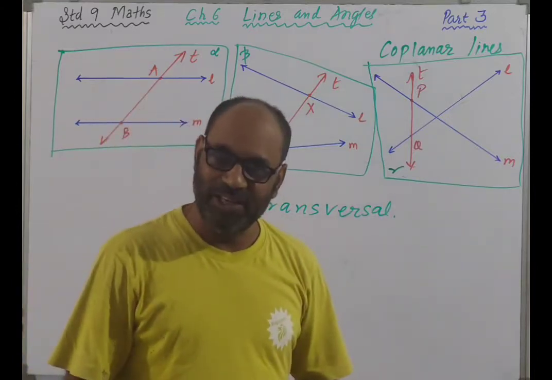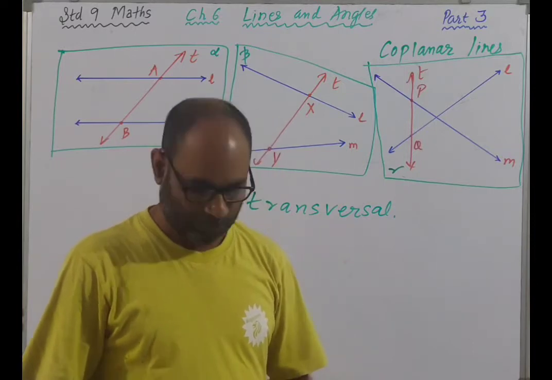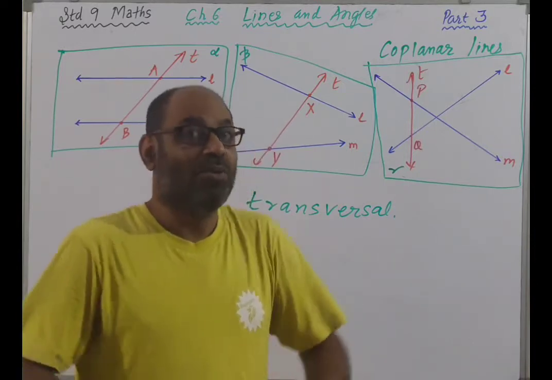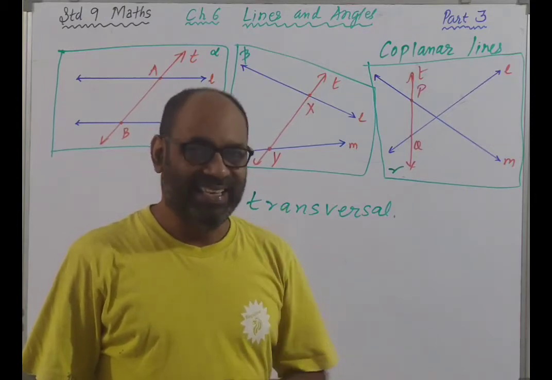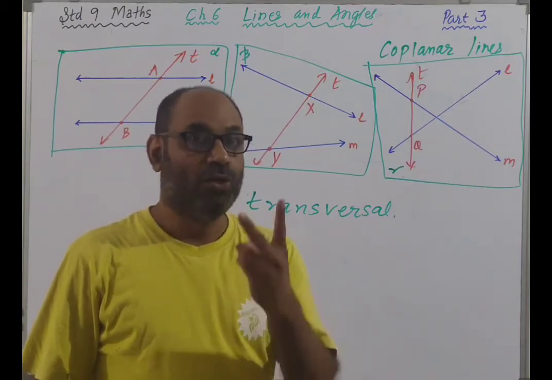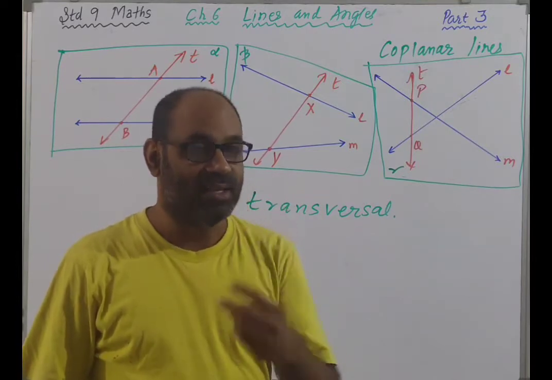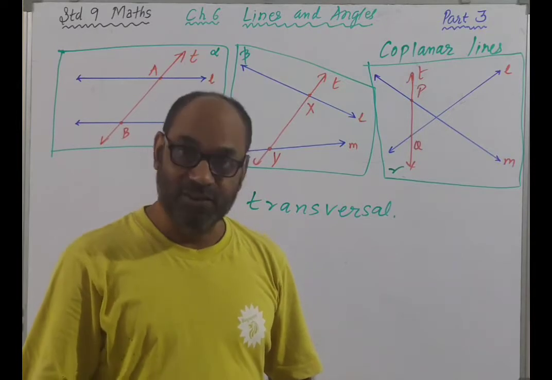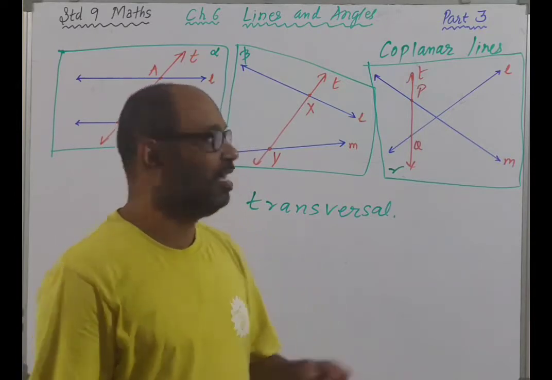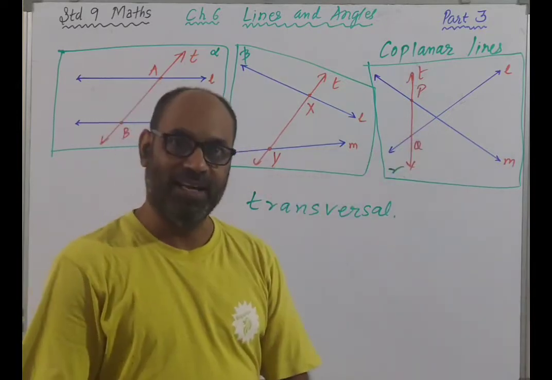Are you getting me, children? Sure? Fine. So what is the definition of transversal? A line intersecting two coplanar lines in two distinct points is known as a transversal of those two coplanar lines.